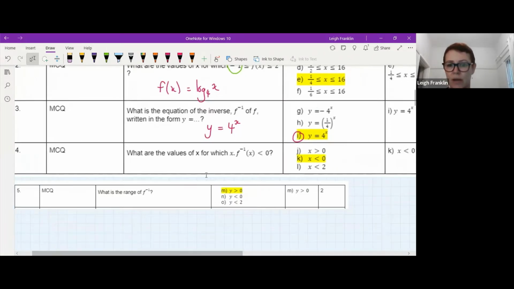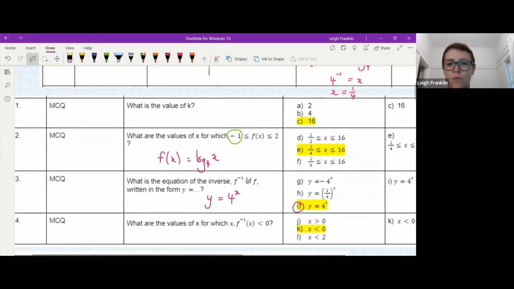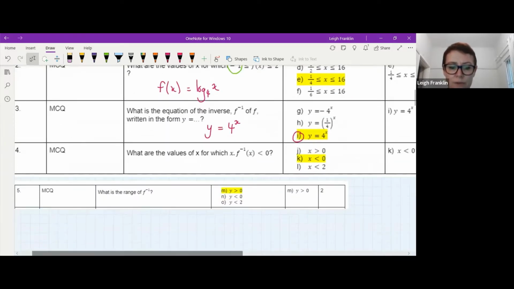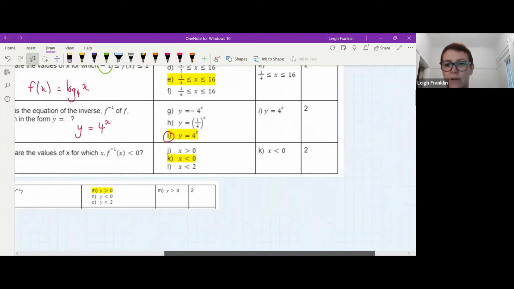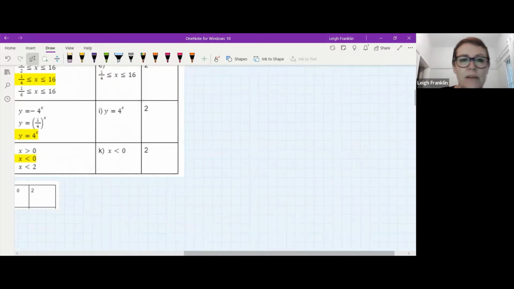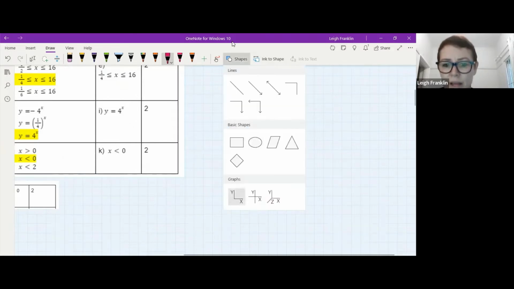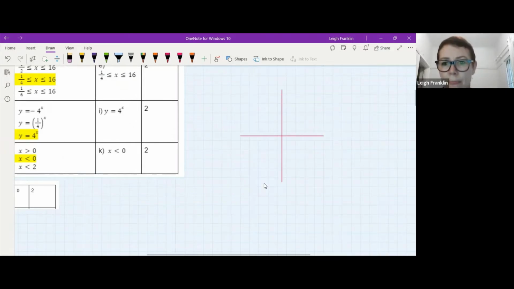Here we're asking you, where does input times output on the inverse, where is it going to be negative? If we consider what this graph of the inverse looks like, it would look something like this. If I just quickly draw a set of axes, our graph is going to be an increasing function.